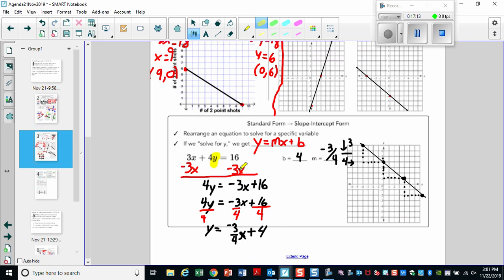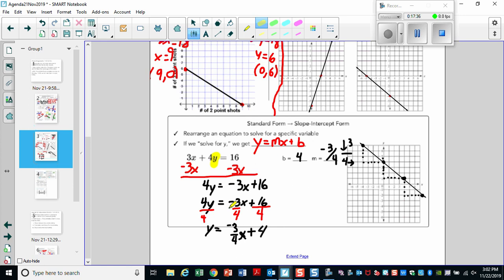So the first step, we solve for y by subtracting 3x on both sides. So we have 4y equals negative 3x plus 16. Then your other step, you will divide each and every term by 4.